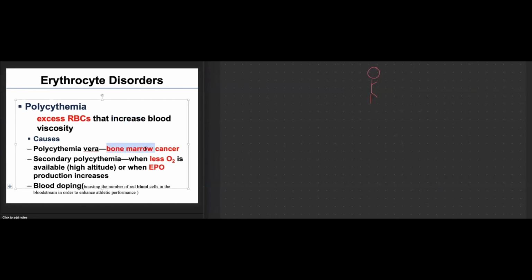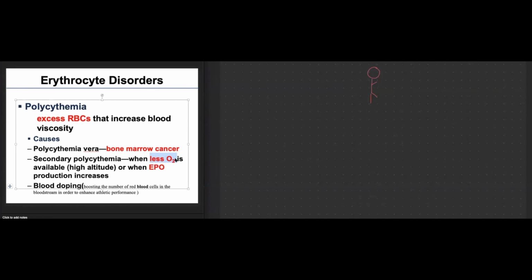Polycythemia vera is a type of blood cancer where the bone marrow is rapidly proliferating, producing all kinds of blood cells. Secondary polycythemia will be due to less oxygen available. For example, if a person travels to a high altitude, or if I'm wearing those masks that reduce the oxygen pressure in the breathed air, all this is going to cause a drop in the oxygen delivered to my tissues.